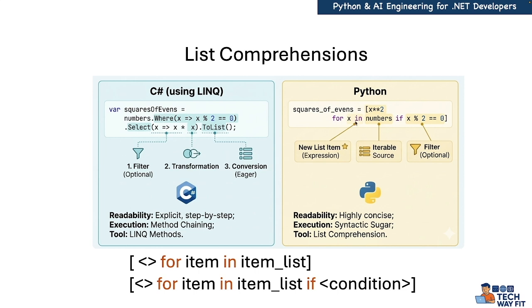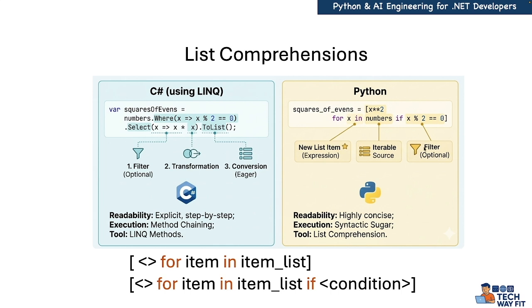Now if we go back here in Python, it is something similar. The first one we see here is the transformation. Then we have for, which is a keyword. x is the item, in numbers, which is a list. And then if there is a condition, we have if, which filters.